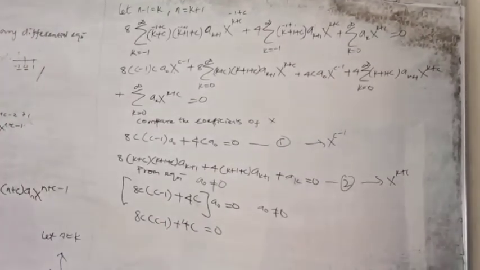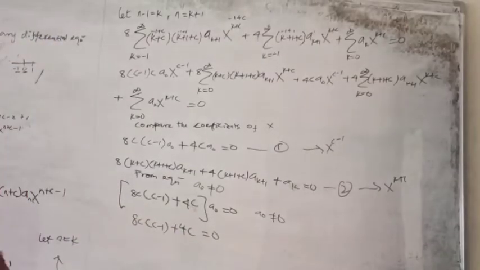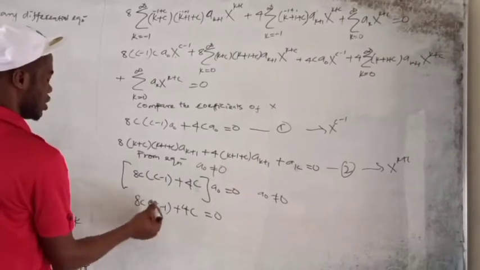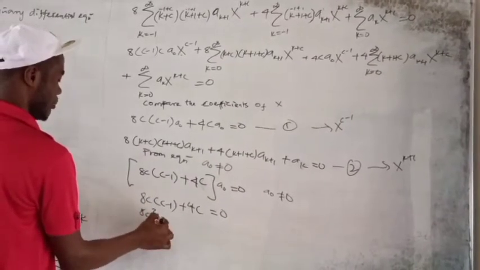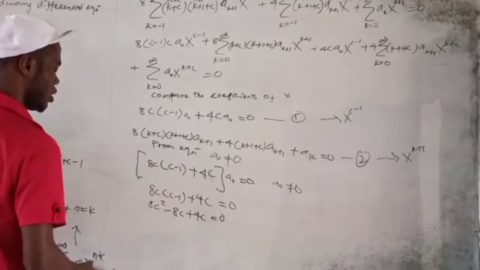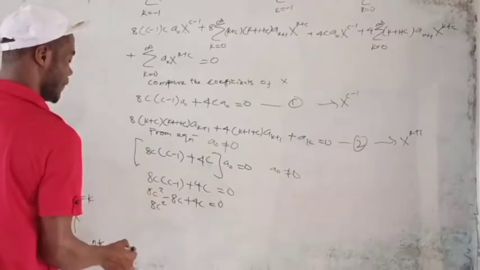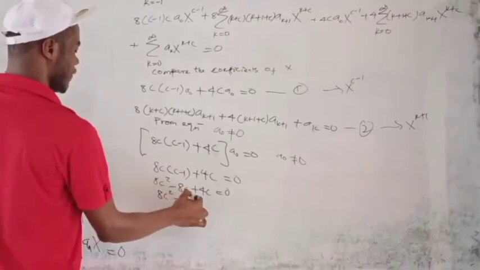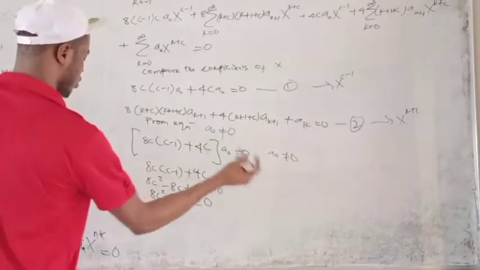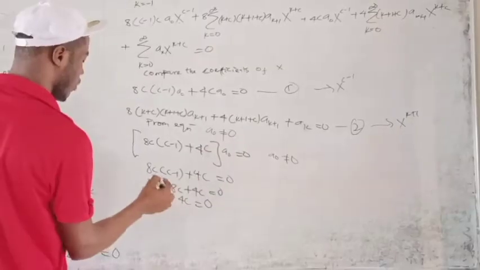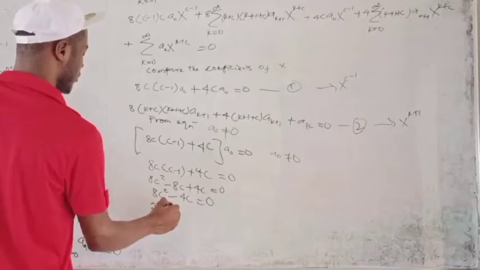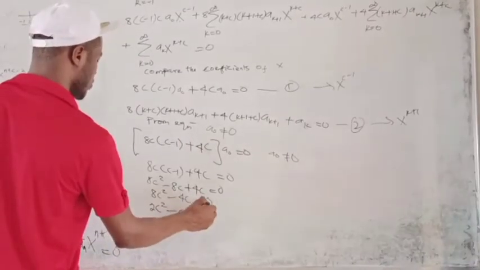From here, I can start to expand this bracket. If I expand the bracket, I have 8c² - 8c + 4c = 0, so 8c² - 4c = 0. From here, I can divide all through by 4. If I divide all through by 4, I have 2c² - c = 0.